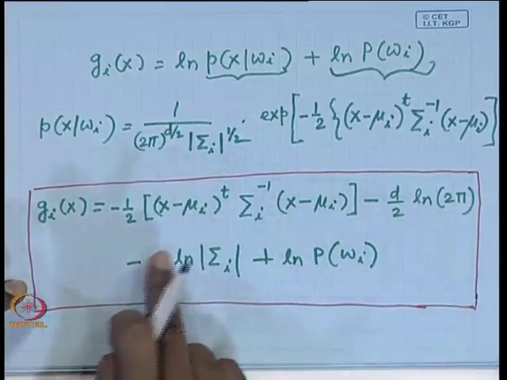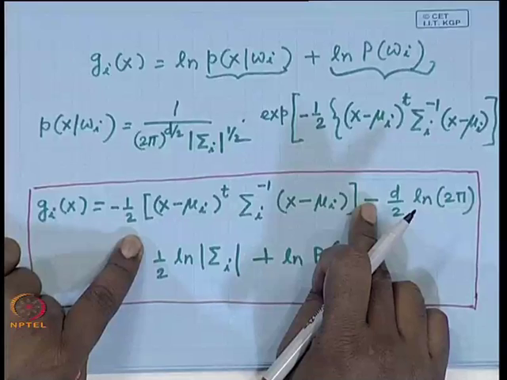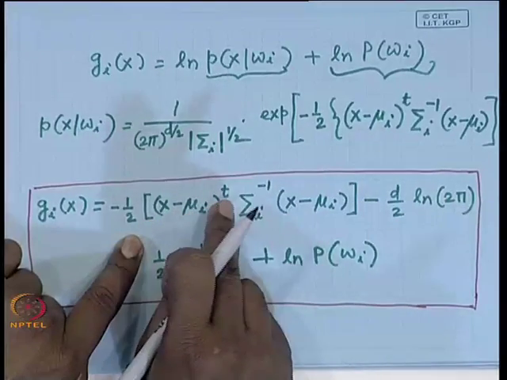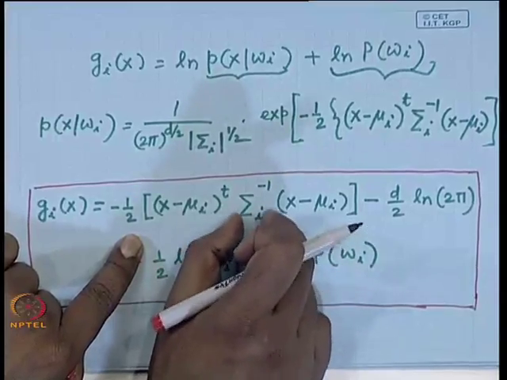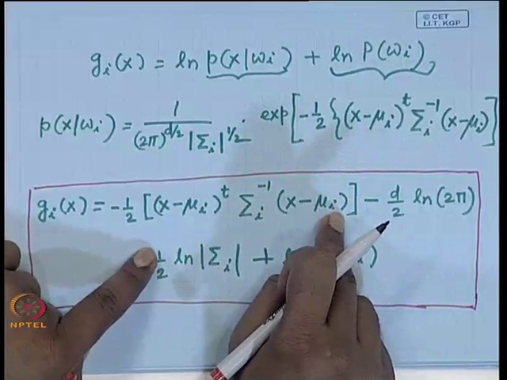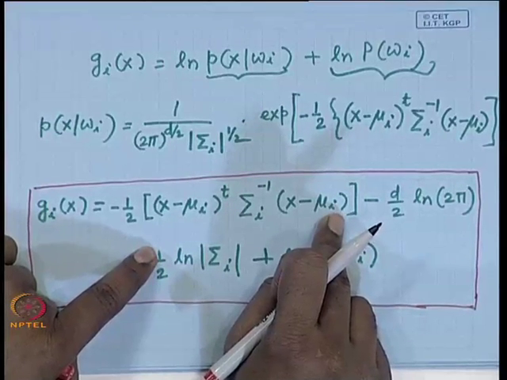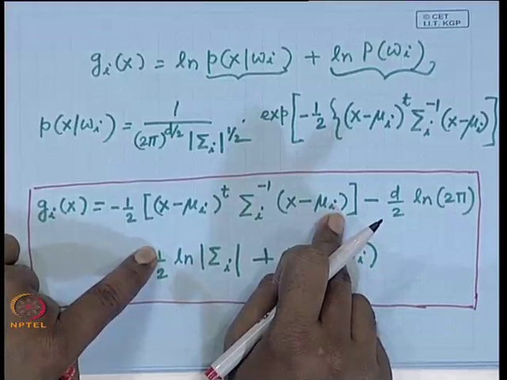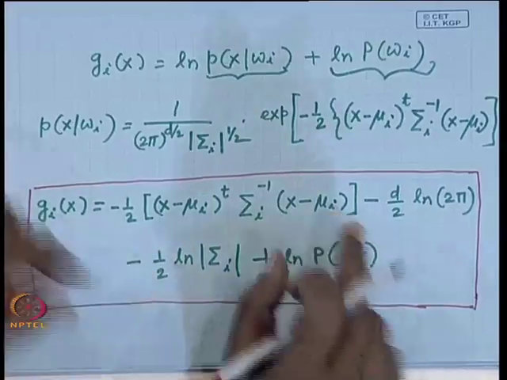From here you find that this is actually a quadratic expression, is it not? I have (x minus mu) transpose into (x minus mu) with sigma_i inverse sandwiched between these two terms. So, actually this is a quadratic equation. So, the Bayes discriminator is actually a quadratic discriminator in general, or when I want to compute the decision surface between two classes omega_i and omega_j, the decision surface will actually be a quadratic surface.